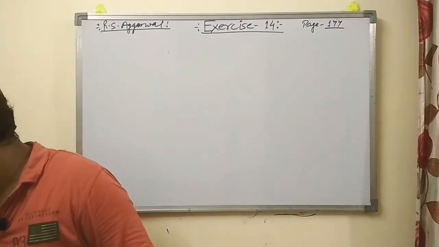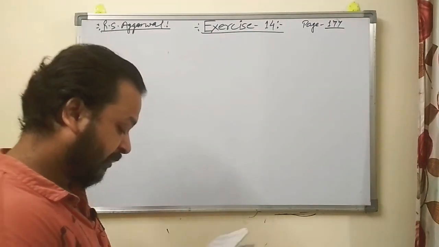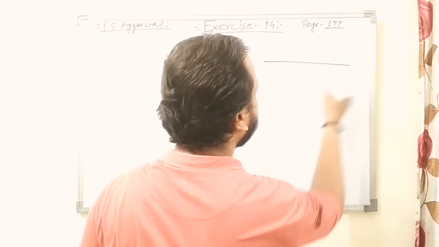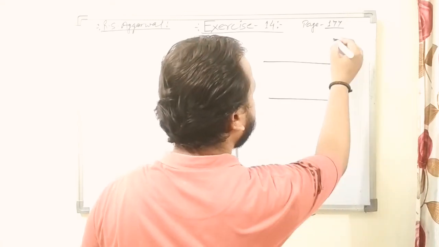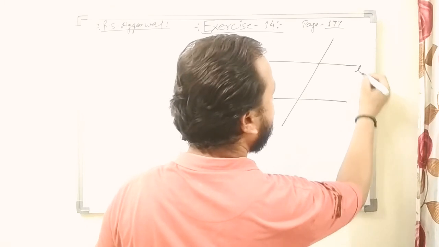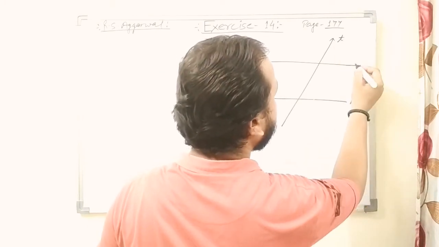So the first question in the exercise, the figure is given as there are two parallel lines L and M, and this is one transversal line.